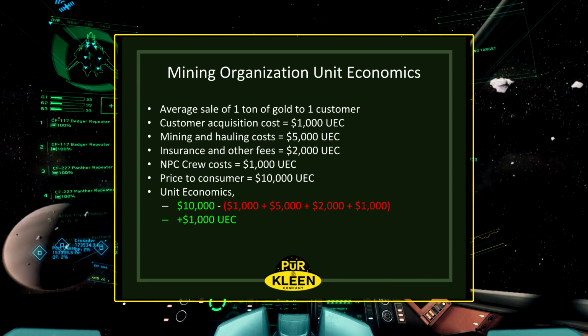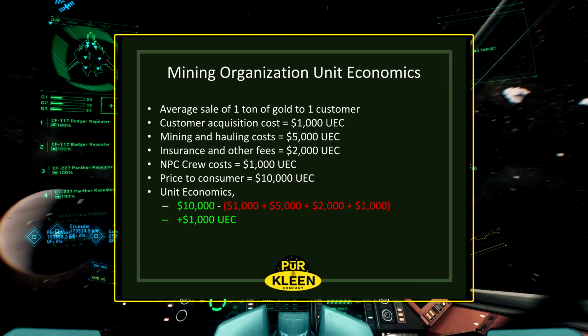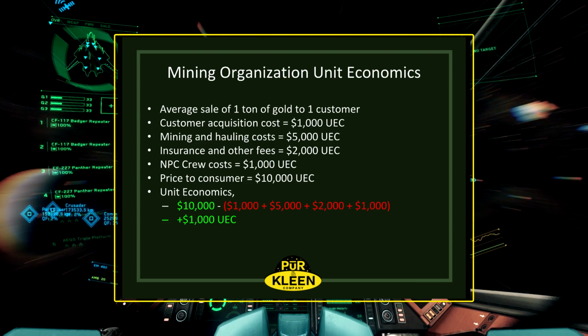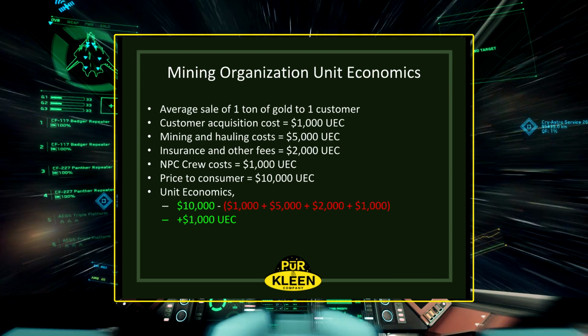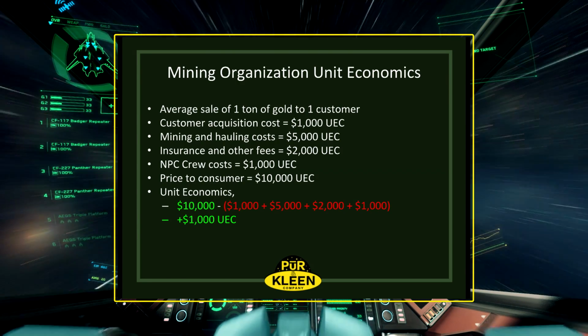As you can see, given these numbers, selling 1 ton of gold is profitable on an average per sale basis.